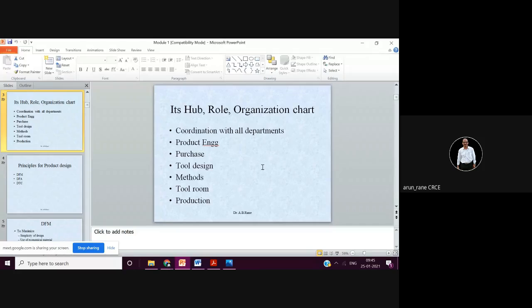Most of you are familiar with what an organization is, or what an industry is, or what the different departments in an organization are, or what the hierarchy in an organization is. Just have a look at this.